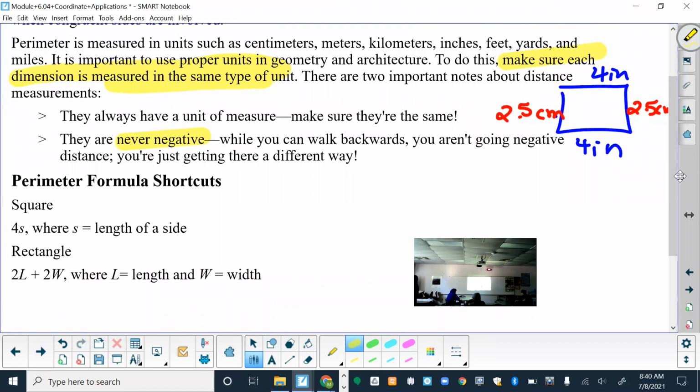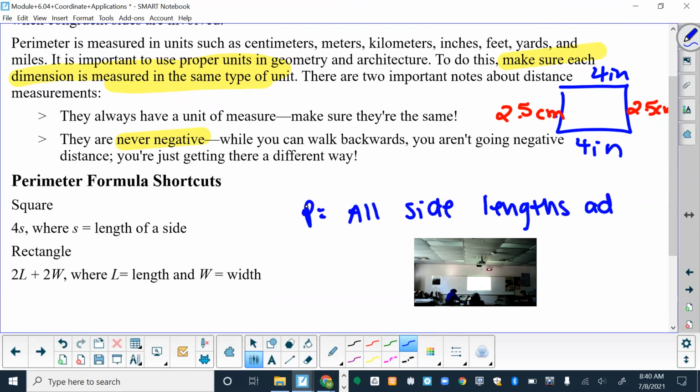I think we're looking mostly at squares and rectangles today. So you could just remember perimeter is all side lengths added together. That's usually what I remember because it's less things to remember.